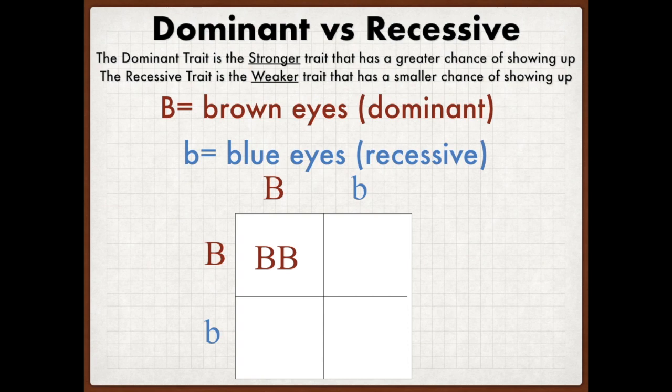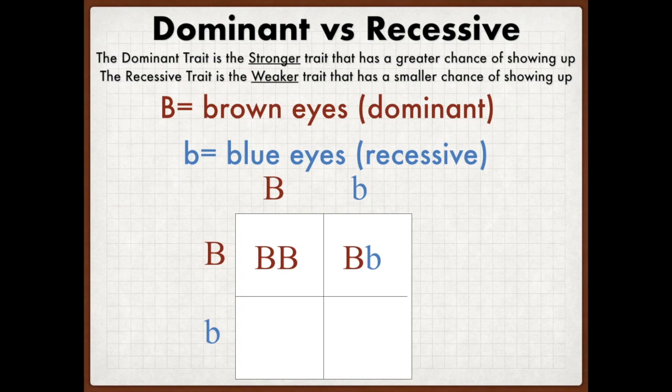Now in this case, there is no middle trait. There is no hazel eyes in this example. So there would be no incomplete dominance, just regular dominance. So big B, little b, however, would be still dominant.